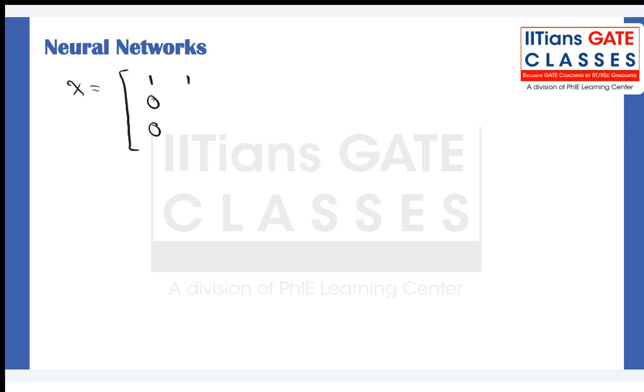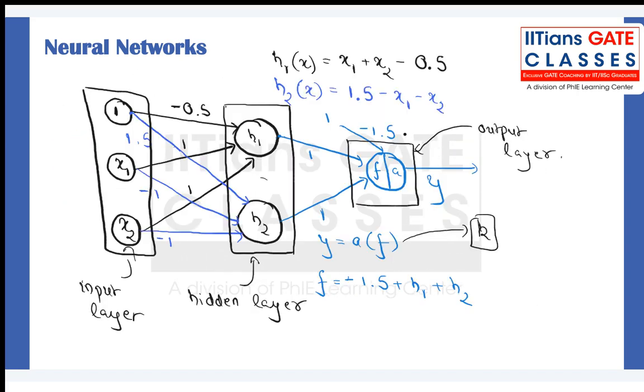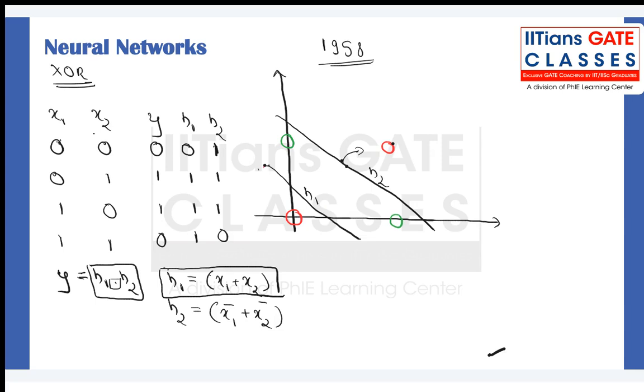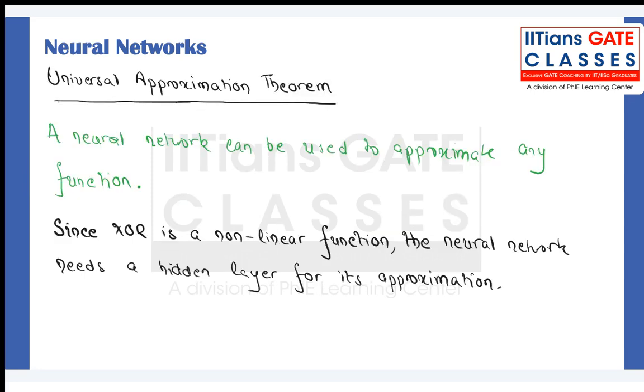The third is 1, 1, 0, and the fourth is 1, 1, 1. Don't be confused, guys. I've just clubbed the data points 0, 0, 0, 1, 1, 0, and 1, 1, added a 1 before each, and then taken a transpose of it. So this is my X matrix.